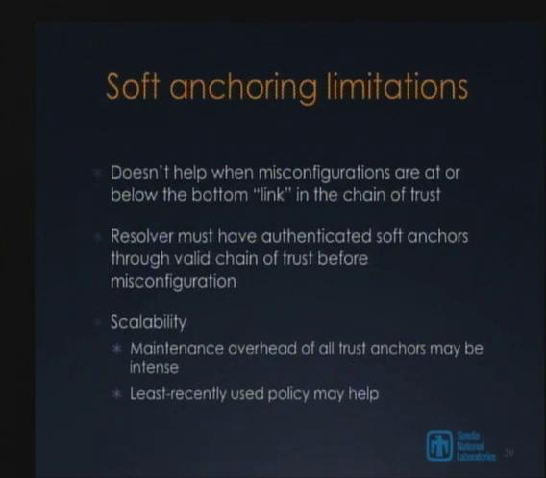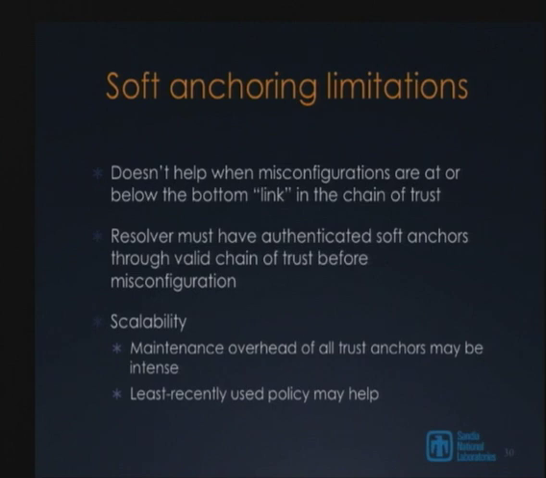Now, there are some limitations to this particular way of mitigating misconfiguration. First of all, soft anchoring doesn't help when the misconfiguration is at or below the zone, the bottom link in the chain of trust. So, for example, if there's a problem with edu, and right now Purdue.edu is not signed, then you can't use this approach with Purdue.edu, so Purdue.edu would still be broken.